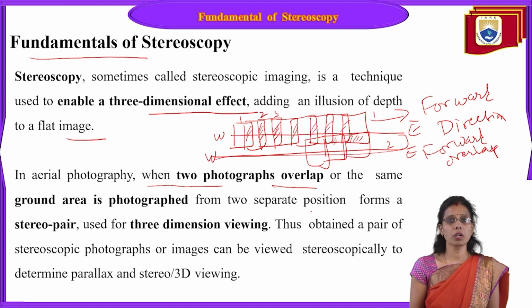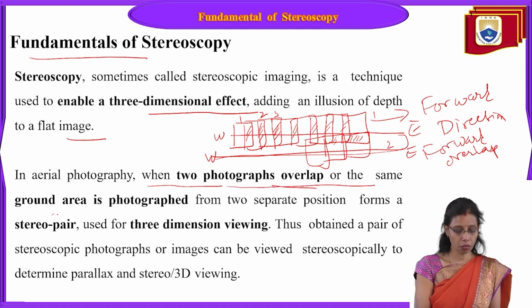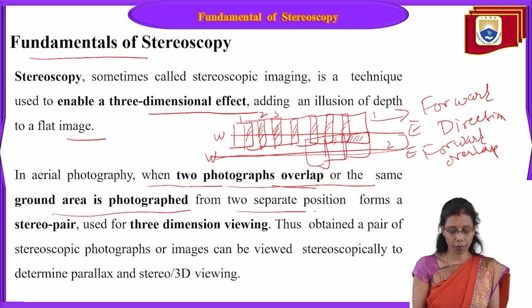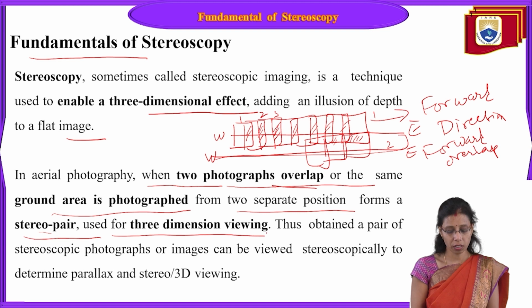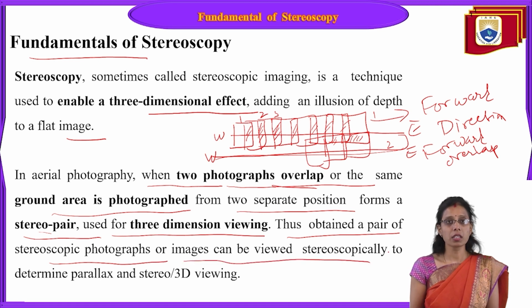These two kinds of overlaps we generally use for stereoscopy. And when two photographs overlap, the same ground area is photographed from two separate positions and forms a stereo pair. It forms a stereo pair used for three-dimensional viewing. The pair of stereoscopic photographs or images thus obtained can be viewed stereoscopically to determine the parallax.